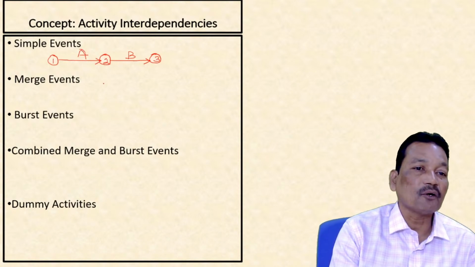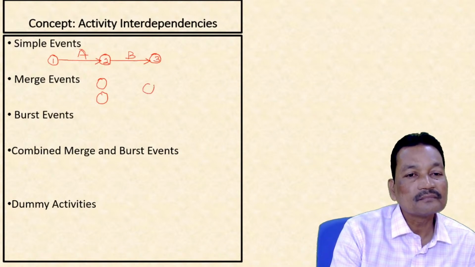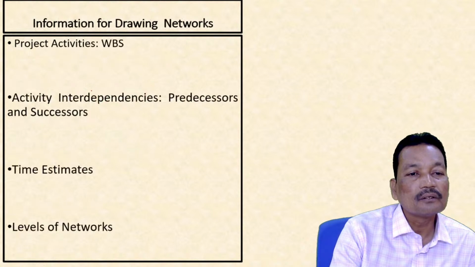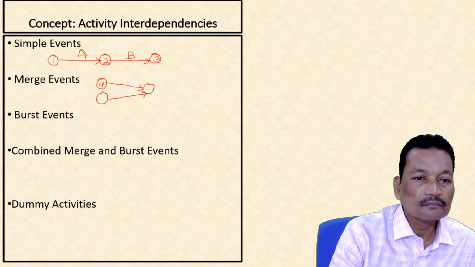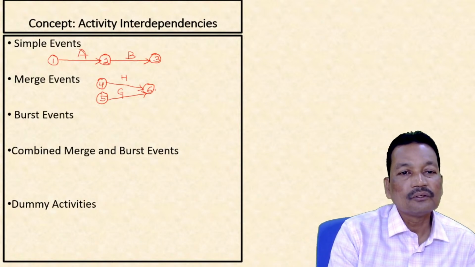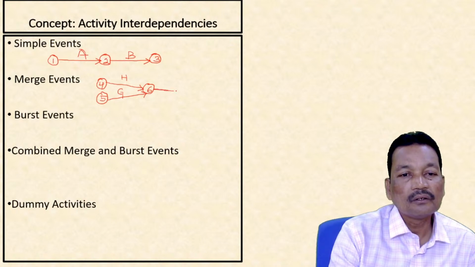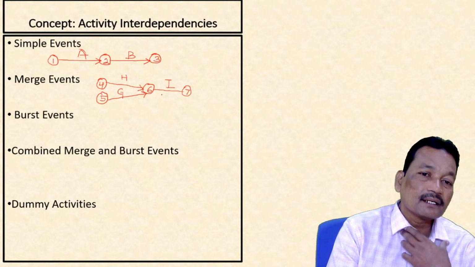Second, let us see what is a merge event. When two or more activities end up at a single event, suppose this is 4, this is 5, this is 6, this is activity H, this is activity G. Now, let us see event 6.